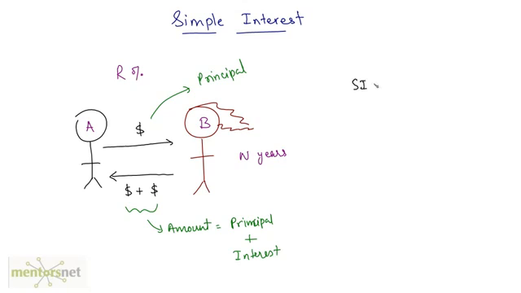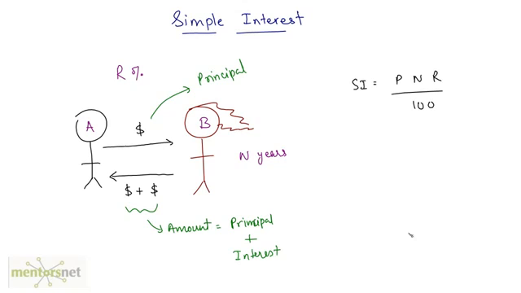Simple interest is equal to PNR upon 100. Now P is the principal amount that is lent, N is the number of years this amount is used by the other person, and R is the rate of interest that is decided, using which the interest is calculated per annum.